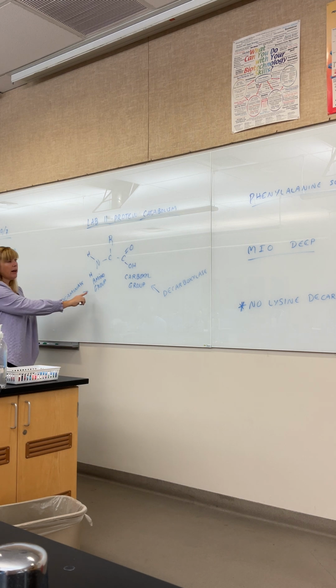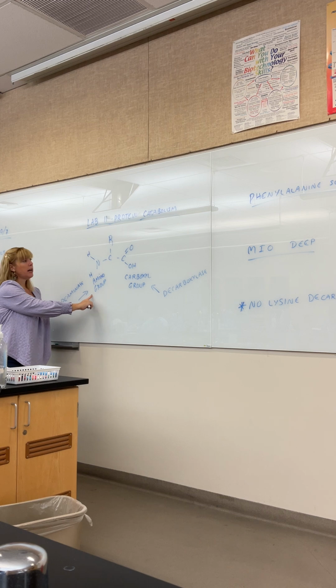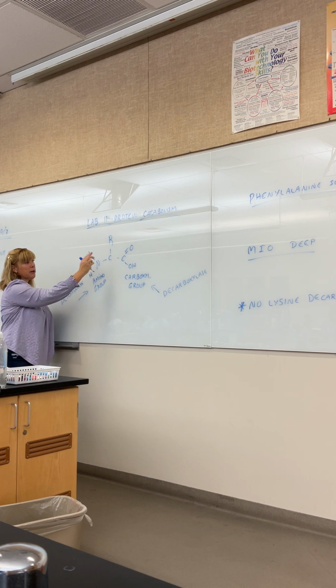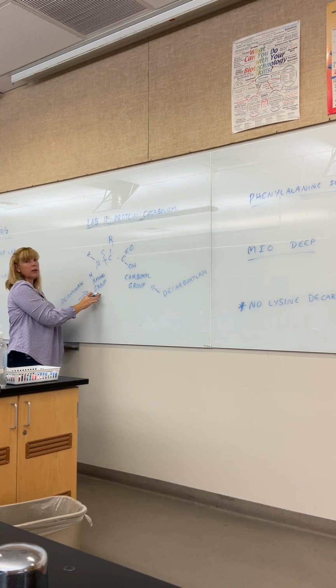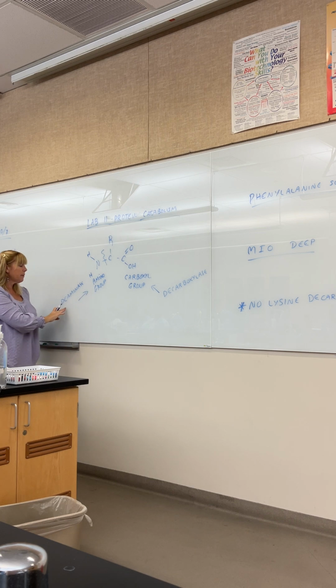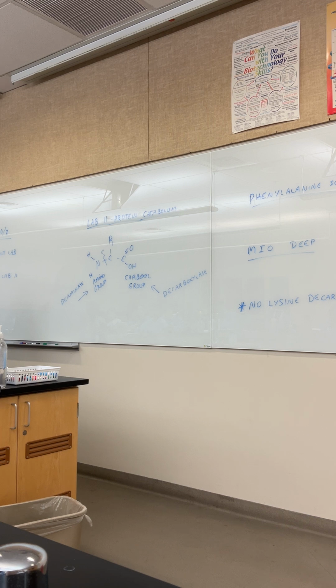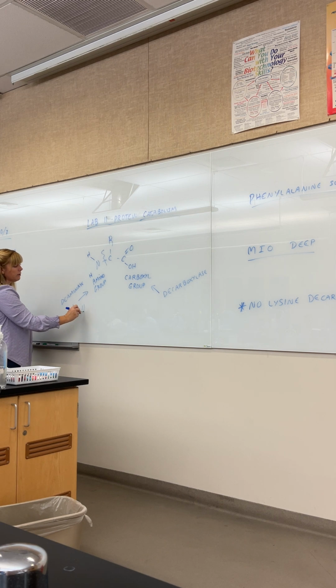So if I put a break here at this carbon and I break off an amino group, that means that I'm going to be producing an enzyme called deaminase. Deaminase. I'm removing the amine group. And if I remove an amine group, that means that my pH is going to drop, okay?